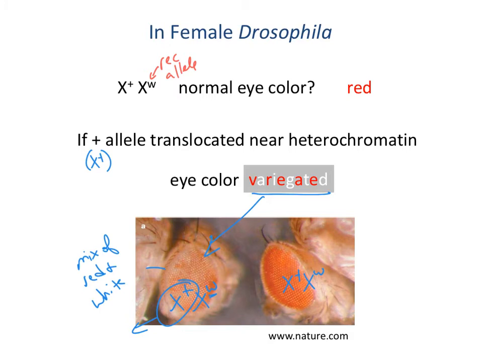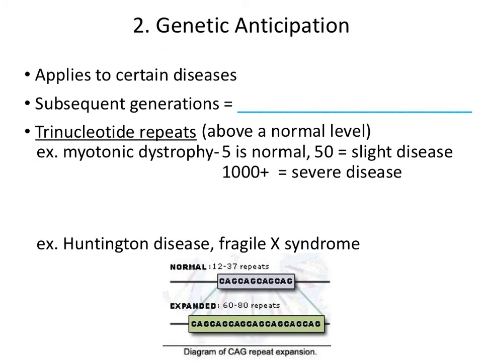Okay? All right, so let's recall where we are. We know that both genetic factors and environmental factors can affect how and when genotype goes to phenotype. All right, we're in the middle of genetic factors, and we just finished genetic background. So now we're going to move to genetic anticipation, number 2. Genetic anticipation applies to certain diseases, and basically it's when diseases get worse with each generation.